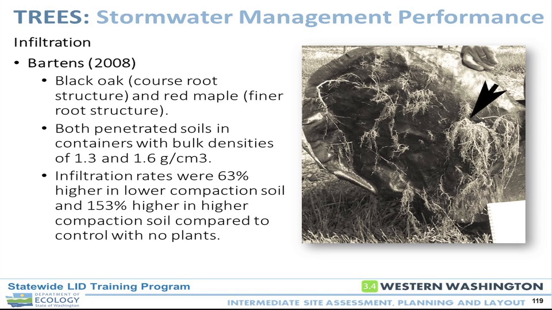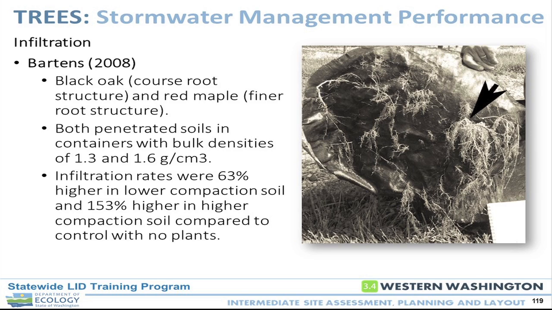They had some bulk densities ranging from 1.3 on up to that 1.6 threshold, and then measured the infiltration rates of that soil. 63% higher in the lower compaction soil, so that's the soil, the 1.3 grams per cubic centimeter. 63% increase, that's pretty darn good. 153% higher in the higher compaction soil compared to control with no plants.